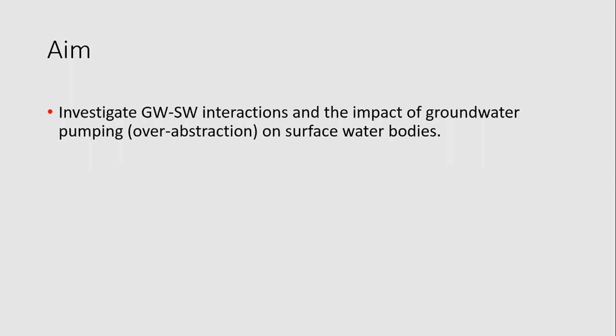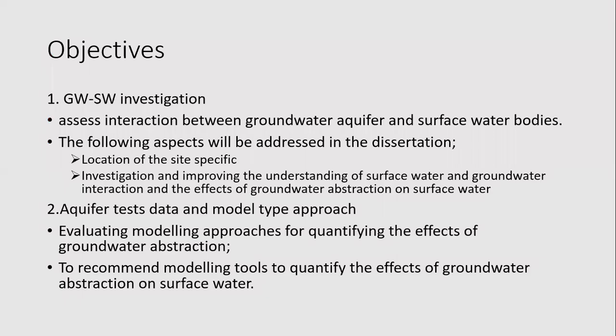This is the investigation of groundwater-surface water interaction and the impact of groundwater pumping on surface water bodies. And the objective of my dissertation is to investigate groundwater and surface water interaction; in this case, it is to assess the interaction between the groundwater in the aquifer and surface water bodies.